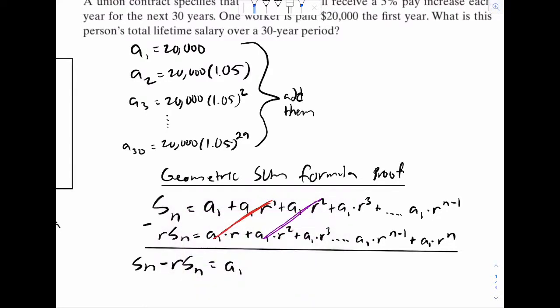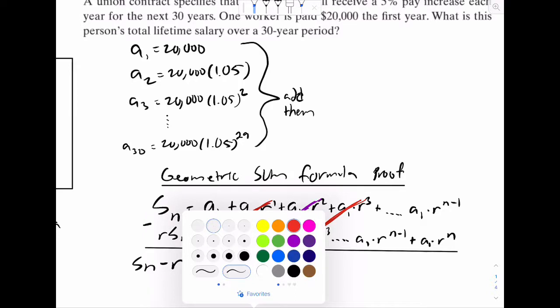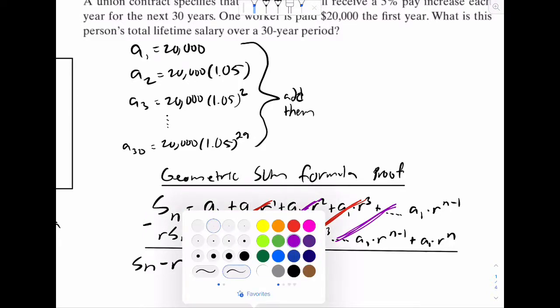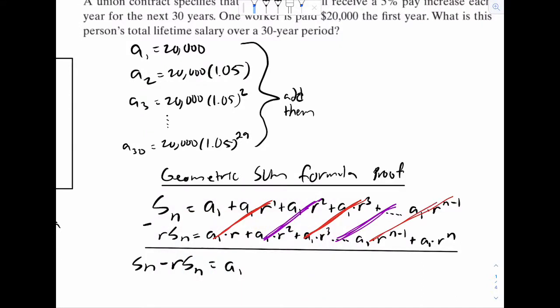These two things are going to cancel. These two things are going to cancel. And the canceling keeps happening. Cancel. All the way up until the final term. So all we have left are these two things. So minus A sub 1 R to the n.